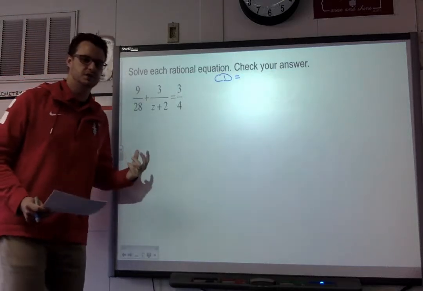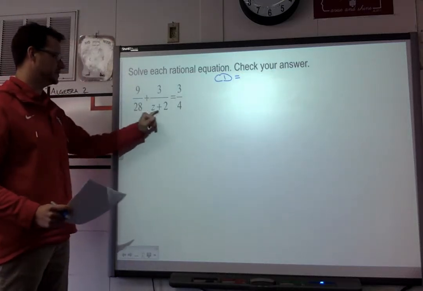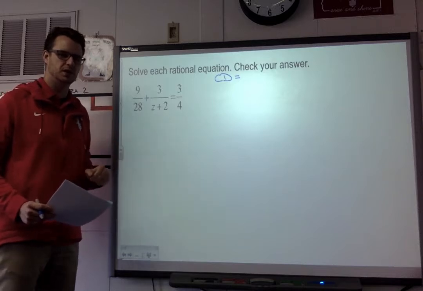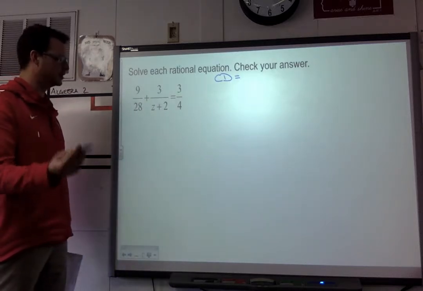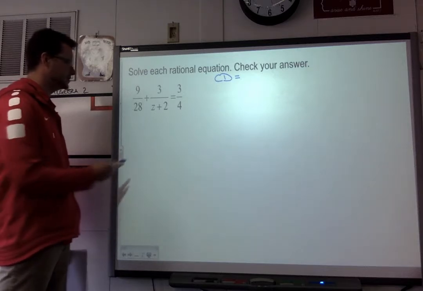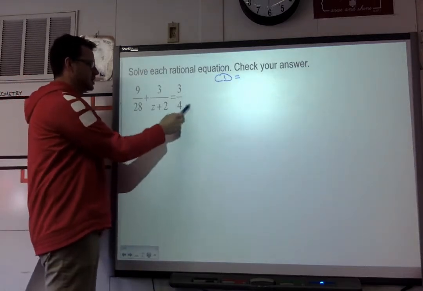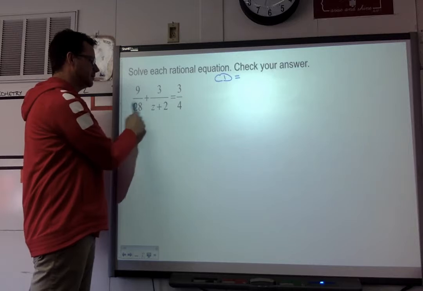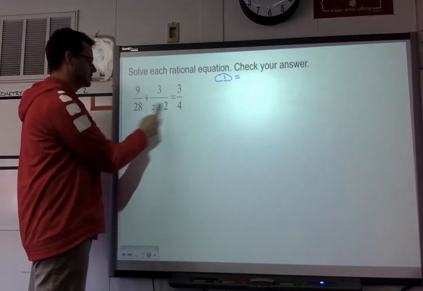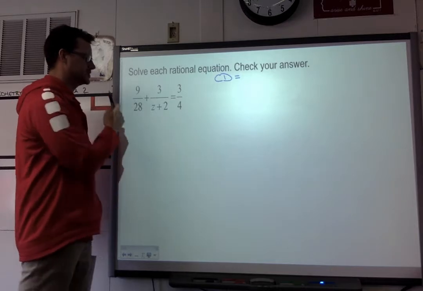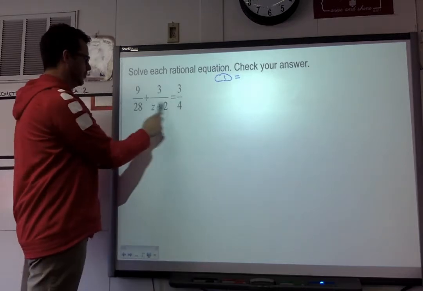So that's what we've been doing in the last few lessons, finding those least common multiples between different rational expressions, or between monomials and binomials. So here, the least common multiple, which would be that common denominator between these three terms, if we look at just the numbers, we've got 4 and 28.